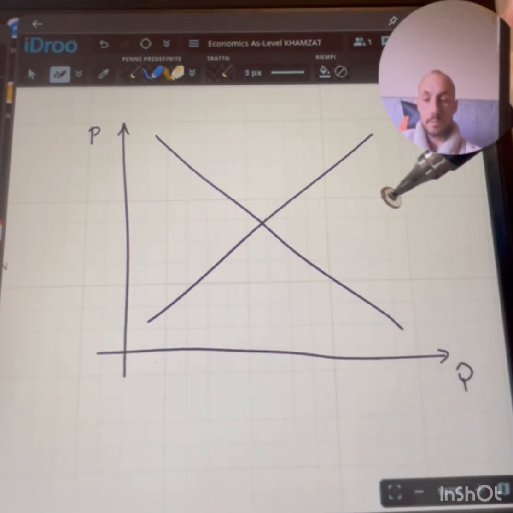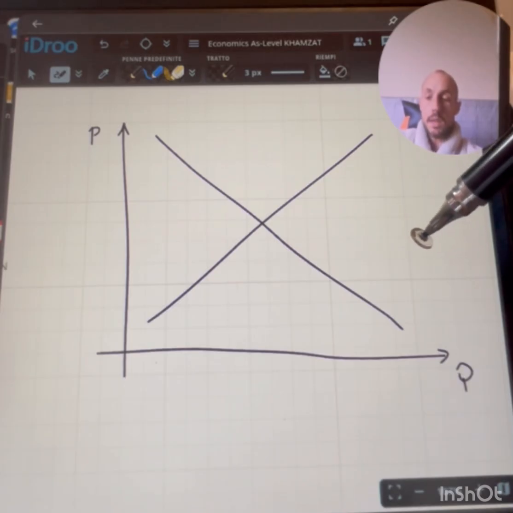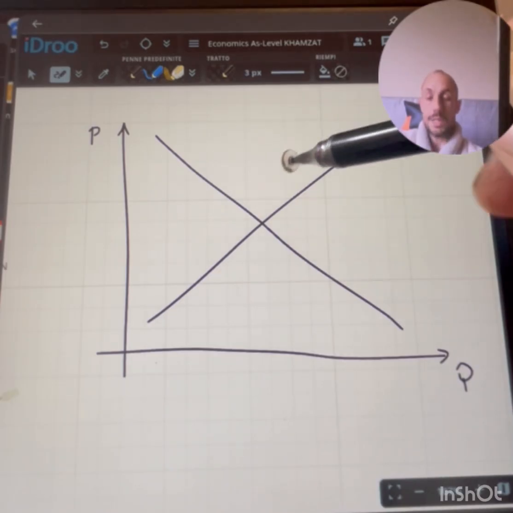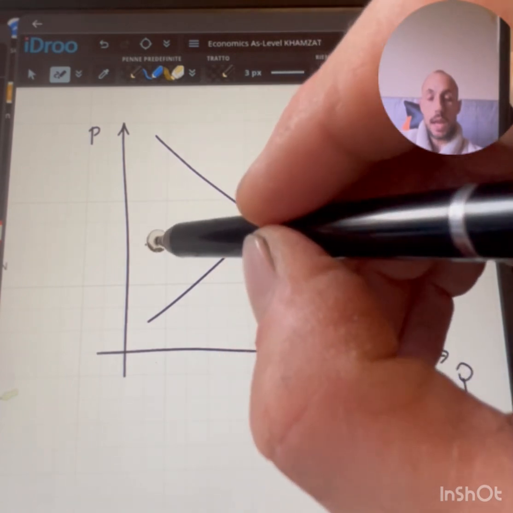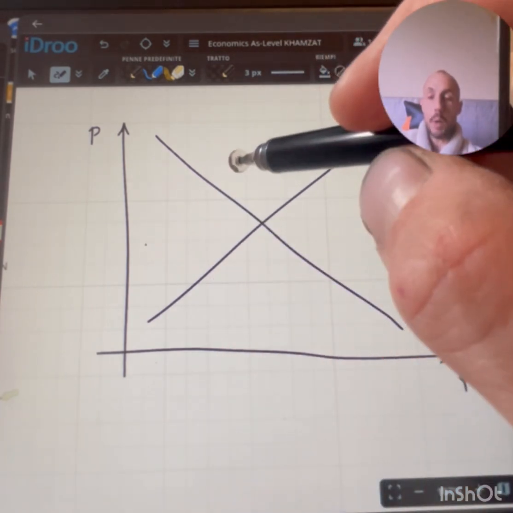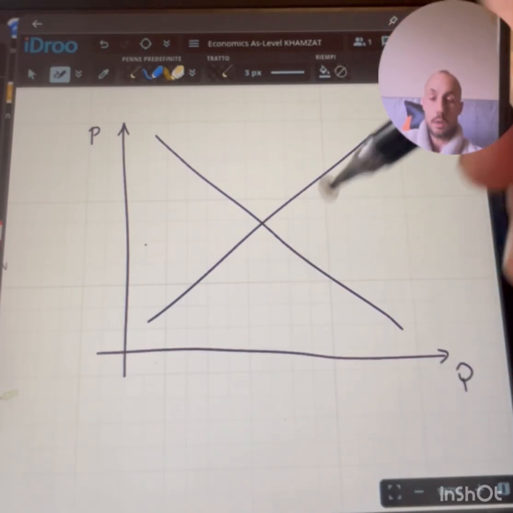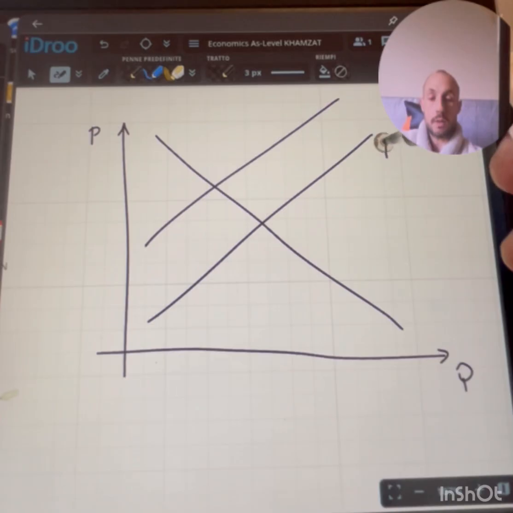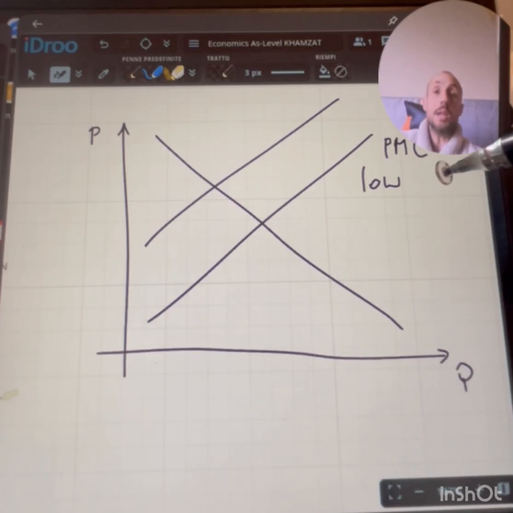So when the social marginal cost is higher than the private marginal cost, like for instance this one, this is the private marginal cost, which means that it is low. So for the steel producer it is cheap to produce pollution, and so he's going to produce a lot.